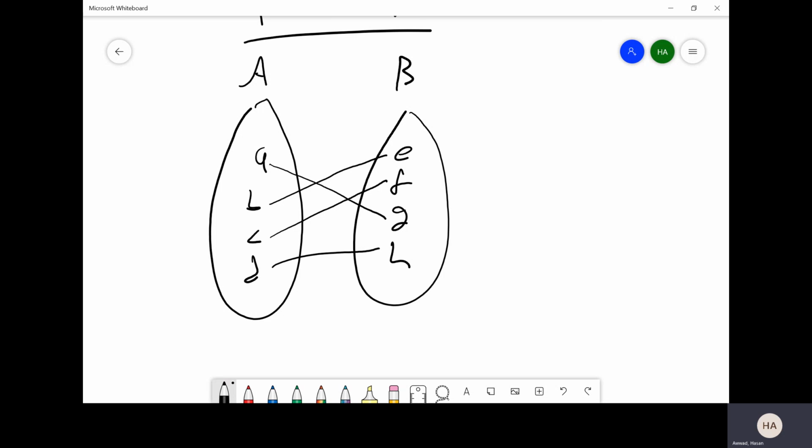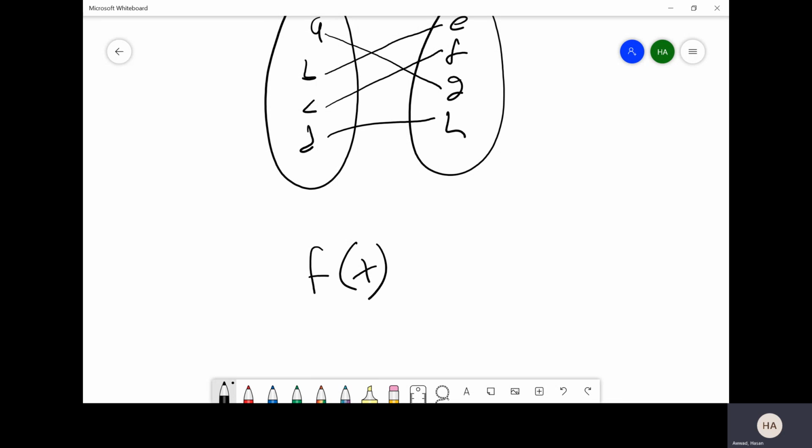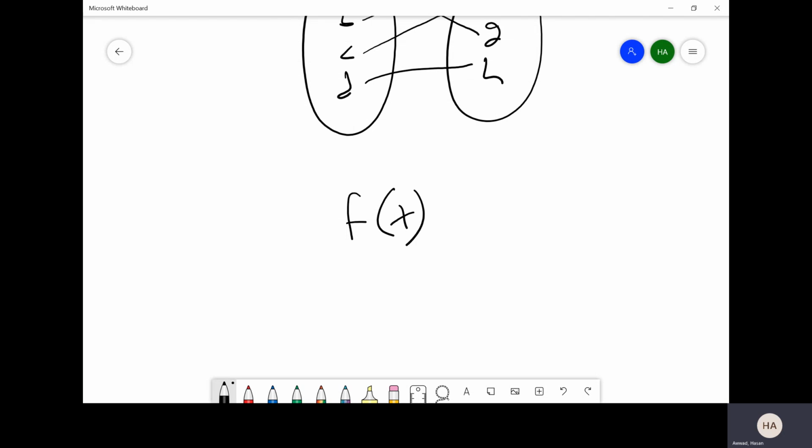The way that we talk about functions is as such: f(x). You read this as "f of x" or "f at x." Please note that this does not mean f multiplied with x. f is not a variable here. f is saying that there is a function, and it's a function of x. x is your independent variable, which means that whatever value you're plugging in, you're plugging it into your function f, and it's going to spit out some kind of output.